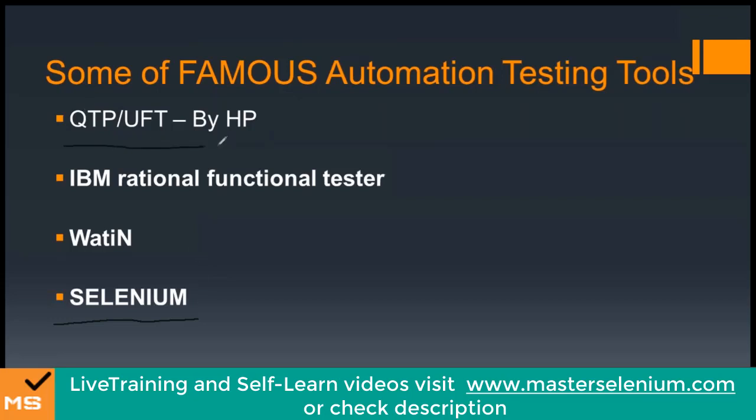I can say about half a decade back, around 5 to 6, 7 years back, QTP was excellent. It was a monopoly at the time, a very user friendly automation testing tool, but it has a lot of drawbacks. All those drawbacks have been covered in Selenium actually. So that's the reason right now Selenium is popular in the market.